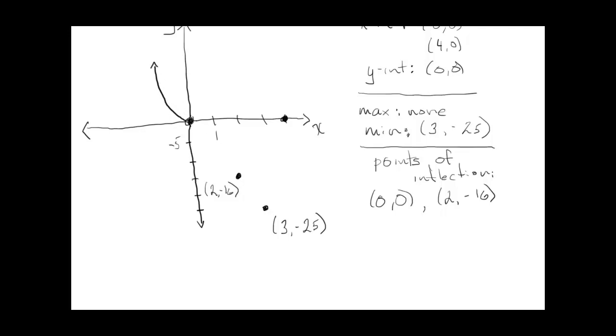Then it switches to concave down till it gets to this point. So it should be a smooth transition there. And then it goes to concave up, hits this minimum value, changes to increasing, and it stays concave up the whole way after that. So the graph would look something like that. And that is how you graph a polynomial function.